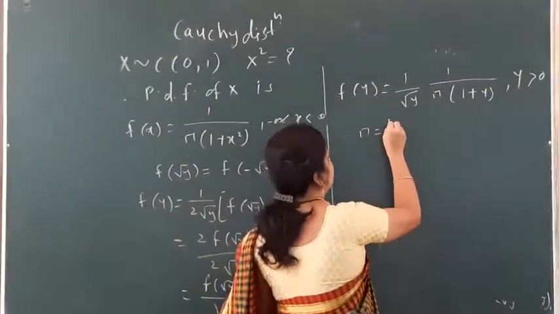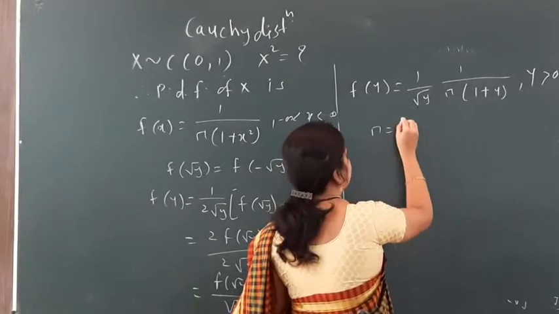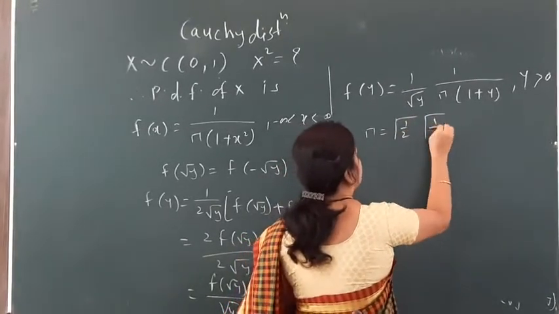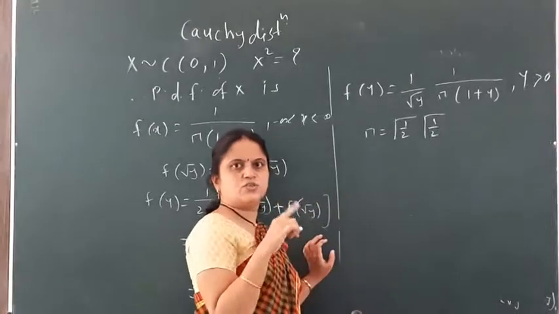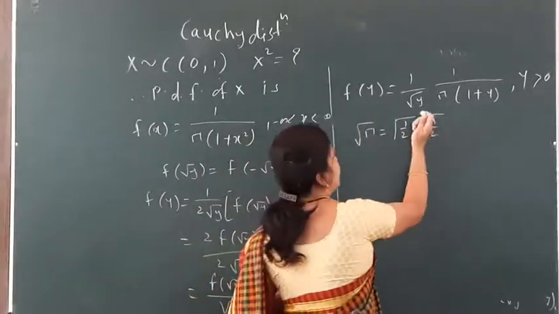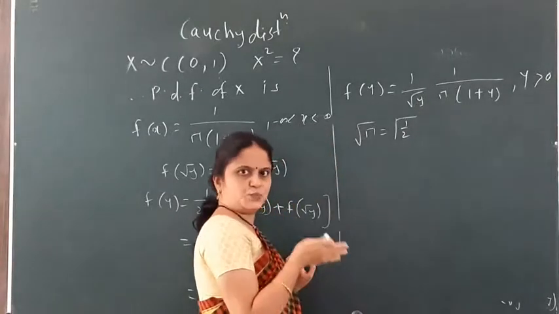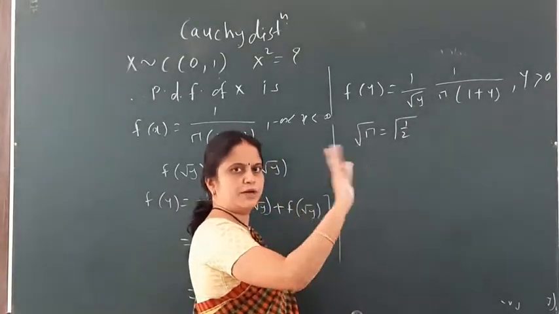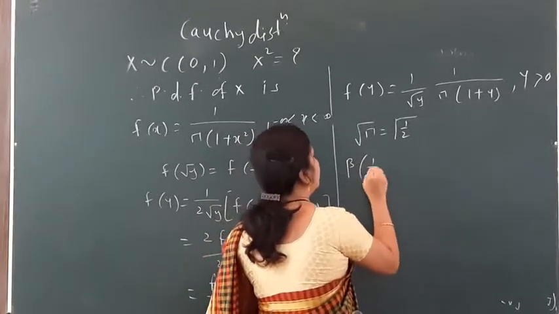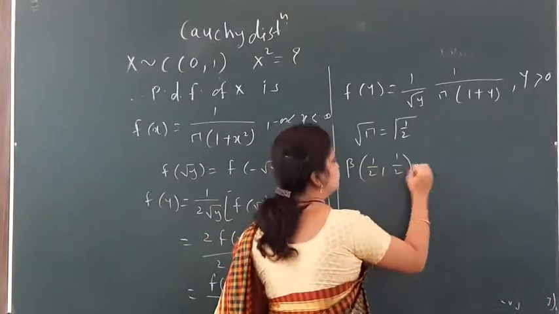Now over here I can write pi as follows. I know that root pi is gamma half, so pi is equal to gamma half into gamma half. Okay, so suppose I have beta half comma half.